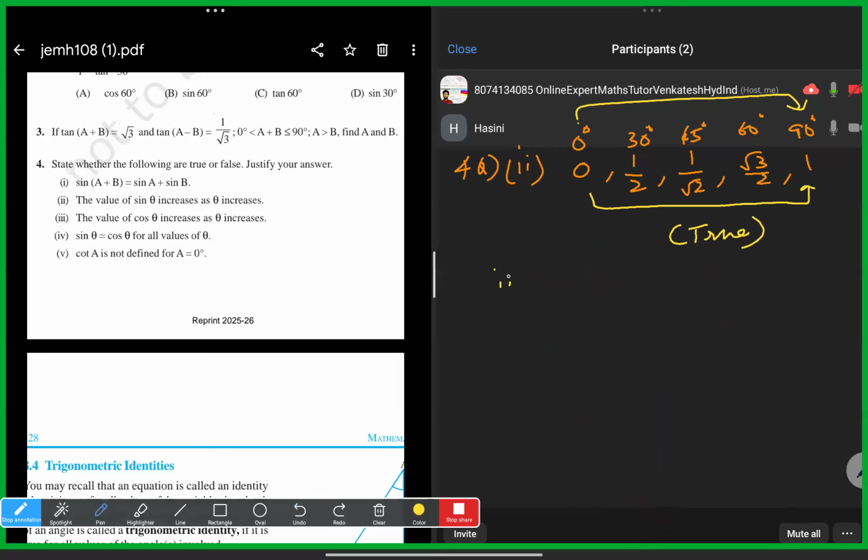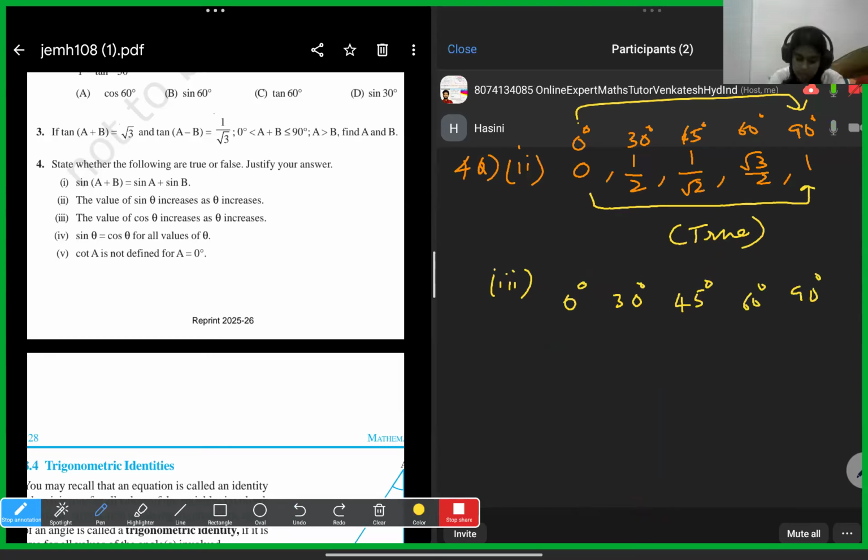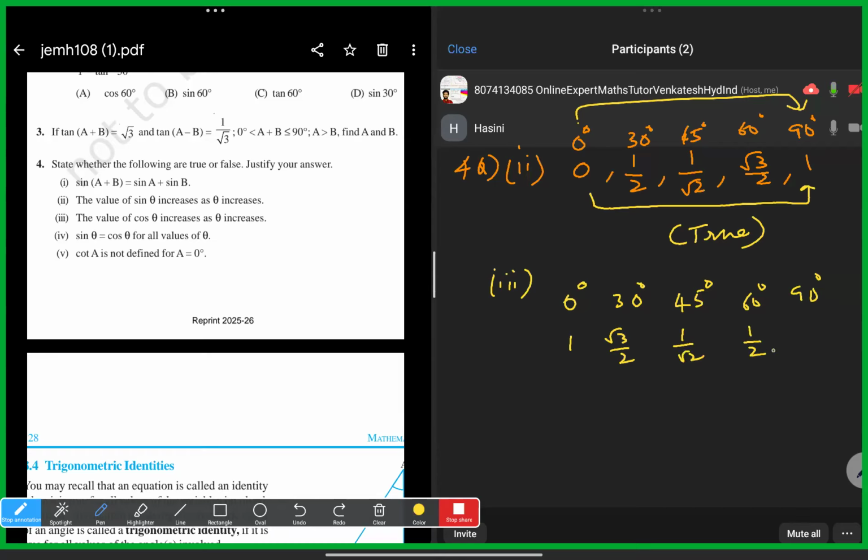Then third one. The value of cos theta increases as theta decreases. This is false, Hasni. If you observe, cos theta values decreased from 1 to 0. If we write it from back side to front side: 1, root 3 by 2, 1 by root 2, 1 by 2 and 0.